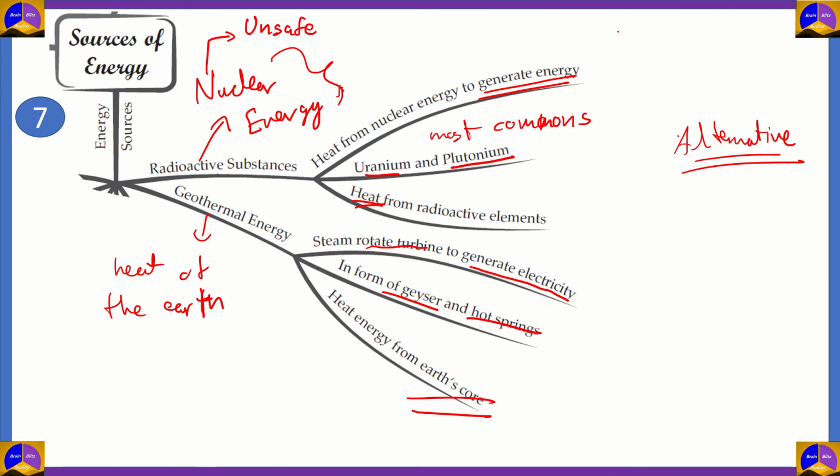So nuclear energy is also pretty dangerous because of the problems with handling the radioactive substances after you've used them to capture energy. Nuclear energy is also a fairly new development. So these are classified as alternative sources. These are quite promising, but the safety aspect needs to be reviewed as well.